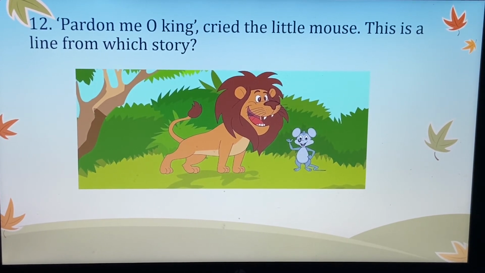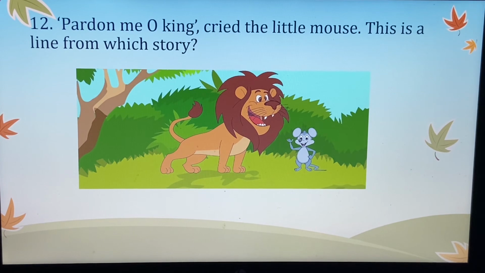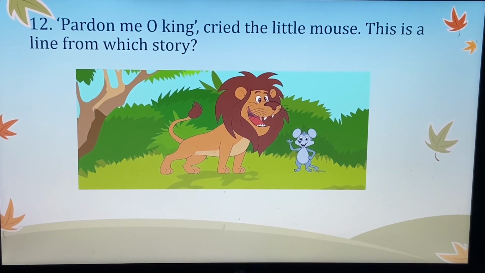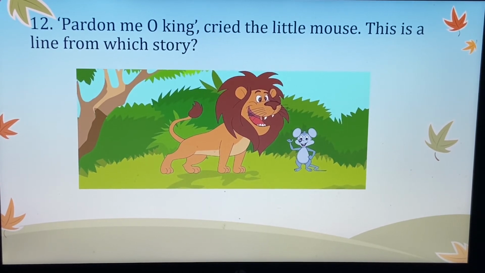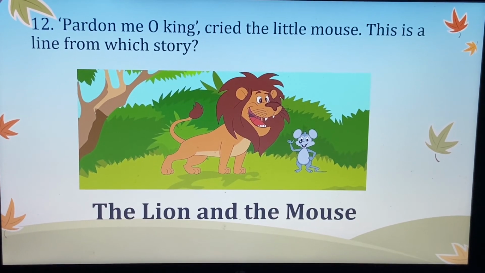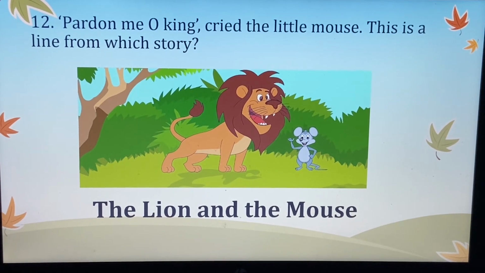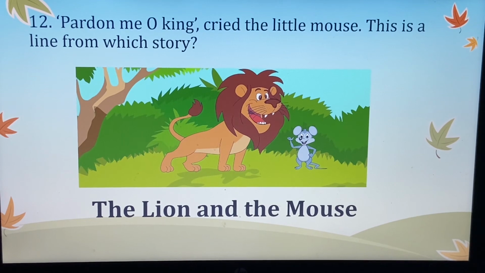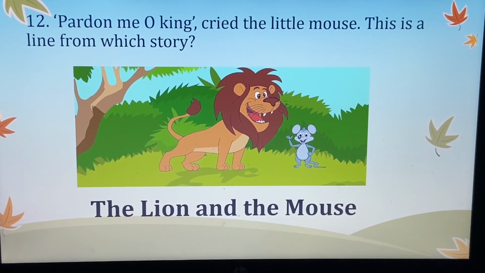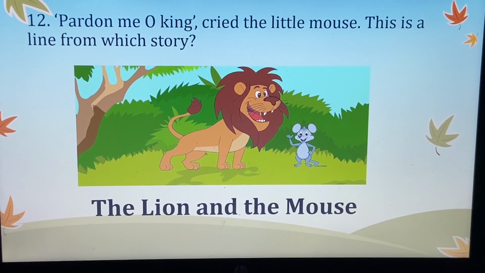The little mouse was crying and saying to the king, pardon me. Yes, that's correct. The Lion and the Mouse. In the story The Lion and the Mouse, the mouse cried in front of the king of the jungle and said, please excuse me. Pardon me means excuse me.